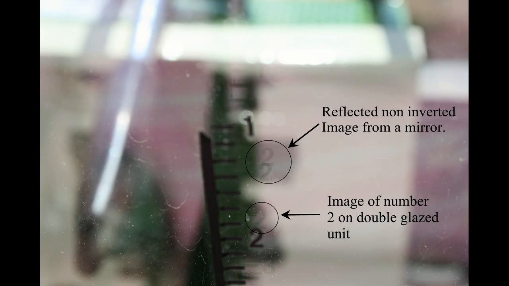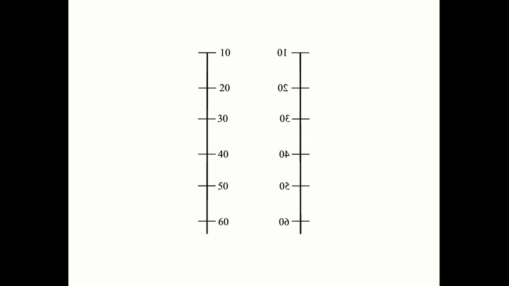Now for the really important part. I used a mirror to reflect an image of the LPD back onto my window LPD setup. What did I find? The image is the correct way up, not inverted. When you apply a bit of thought to this, it's logical why this is the case. When you see an image of yourself in a mirror or glass reflection, the image is back to front.